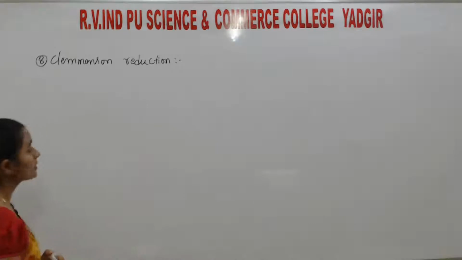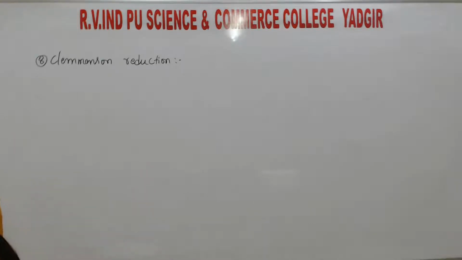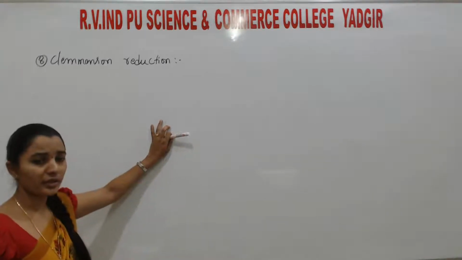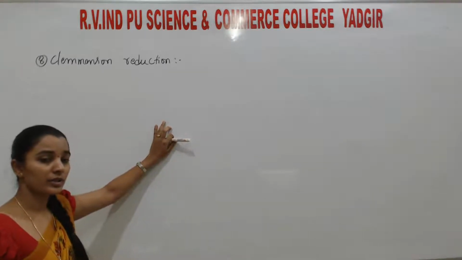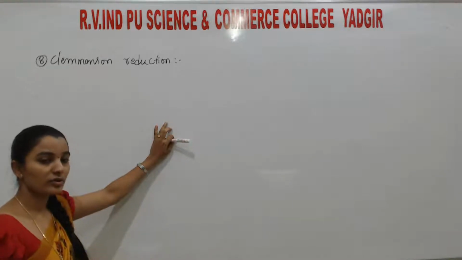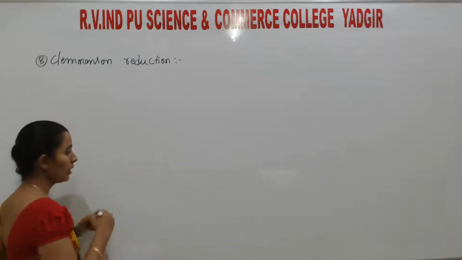The next topic is the chemical properties of aldehydes and ketones. First, upon reduction, aldehydes form primary alcohol. If ketones undergo reduction, meaning addition of hydrogen, they form secondary alcohol. How? Listen.